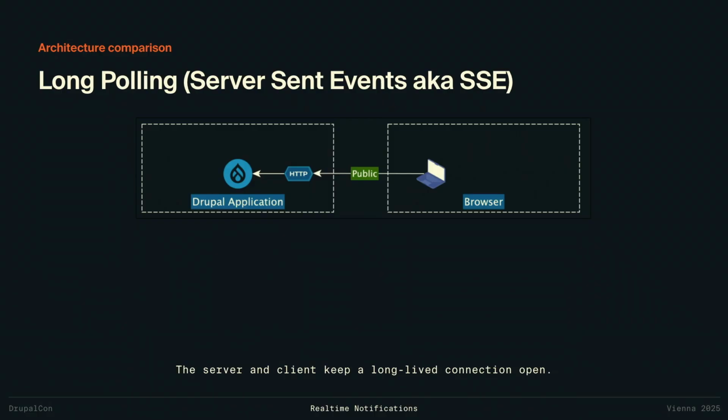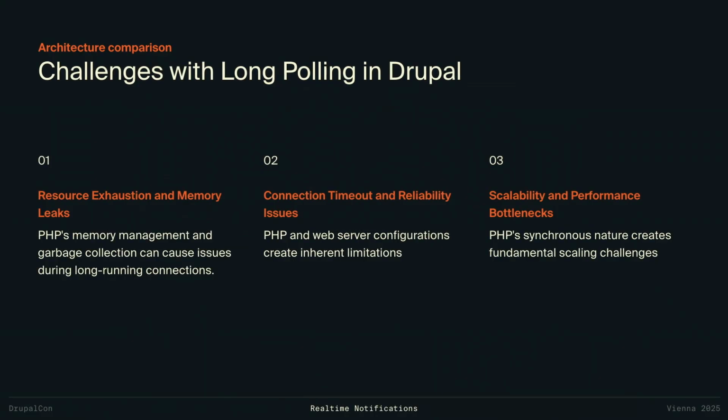And then server-sent events, which I mentioned earlier, is a technology already implemented in a lot of browsers and available to use, where the request is made to the server, but instead of terminating it right away, it keeps it alive, so that through the same connection, notifications can be sent back later. The challenge of long polling in Drupal, which I just mentioned, is that server resources get tied up to that connection.